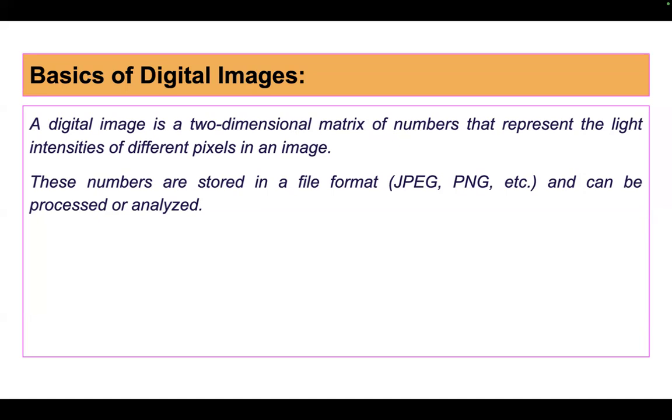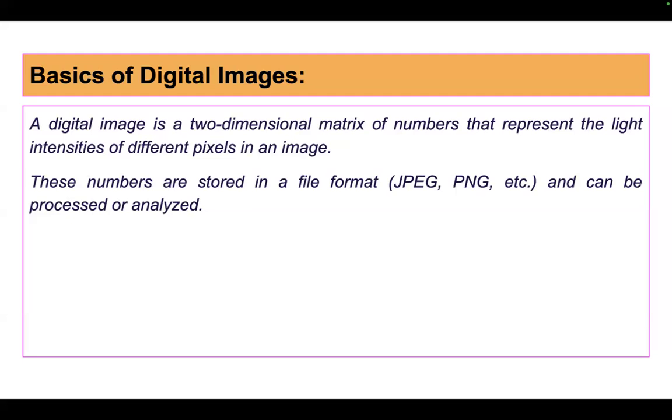And this digital image is nothing but a two-dimensional matrix of those numbers which represent the values of this light. And light values we can call what? Intensity. Are you getting my point? What we can say? Intensities. So intensities means the light value. Suppose currently this light is hitting my face, and this portion's image is more proper than this portion, because light is not coming to this part.